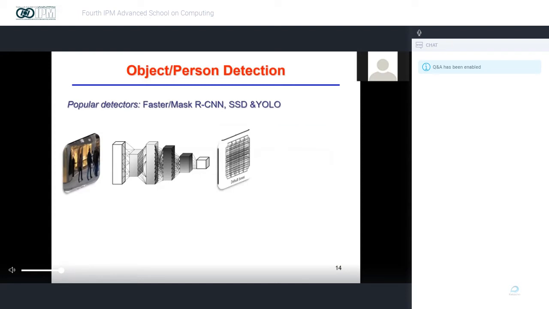People who are familiar with object detectors know we mainly have three generations of object detectors, which are either RCNN-based, SSD-based, or YOLO-based detectors.